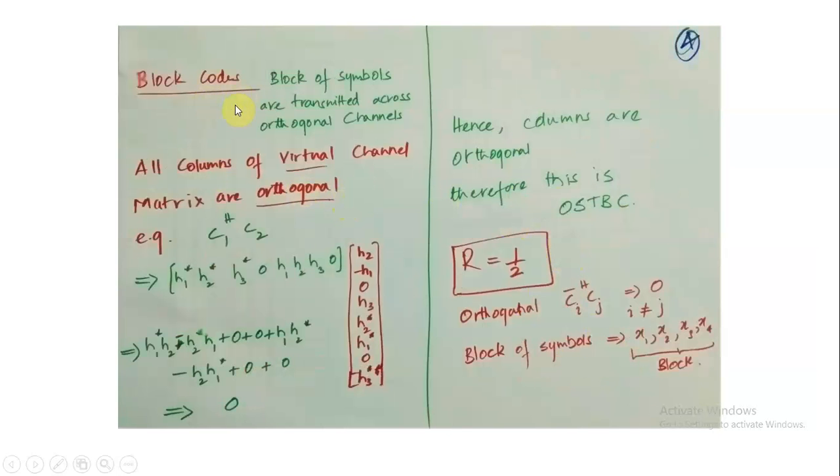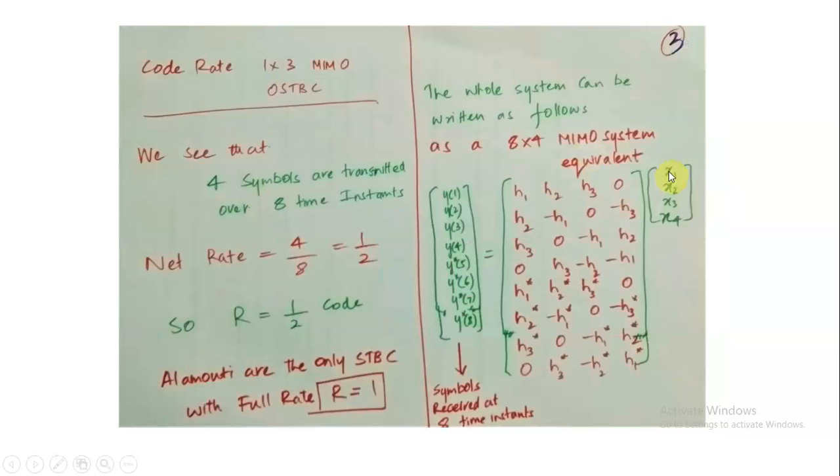So why are they called block codes? Because a block of symbols is transmitted across orthogonal channels. The first block, x1 to x4, is transmitted across these channels, and again x1, x2, x3 and x4 are transmitted through these combined channels.